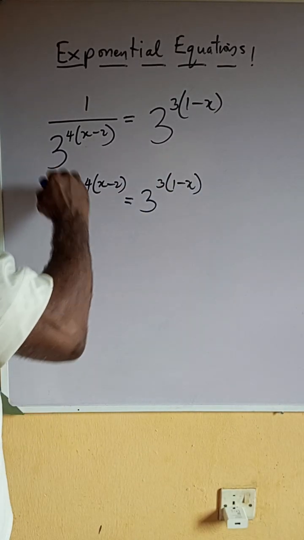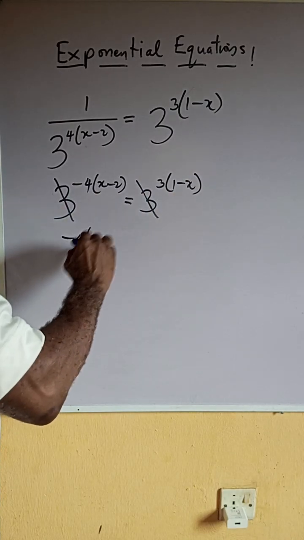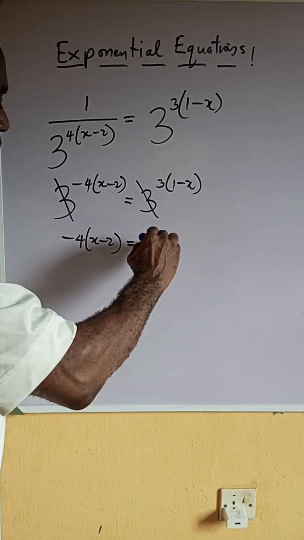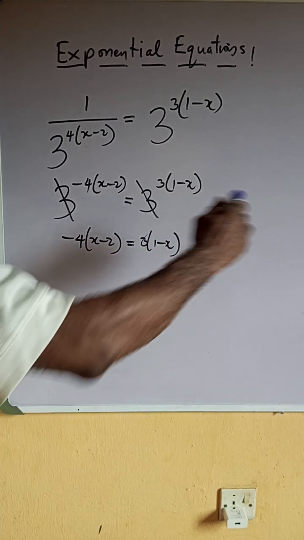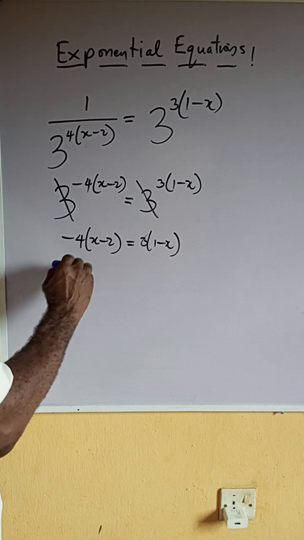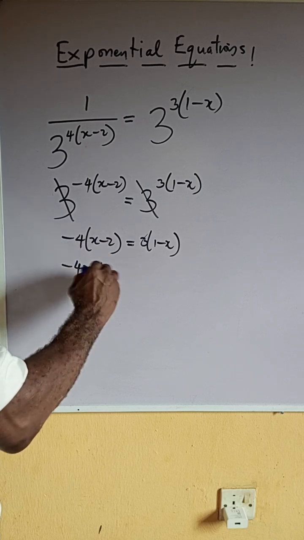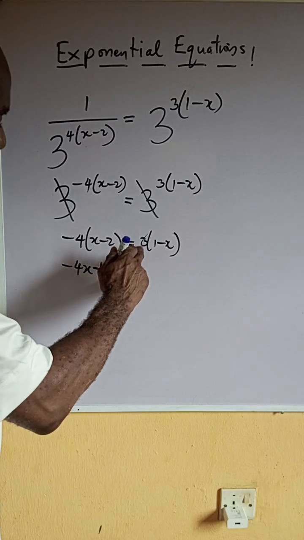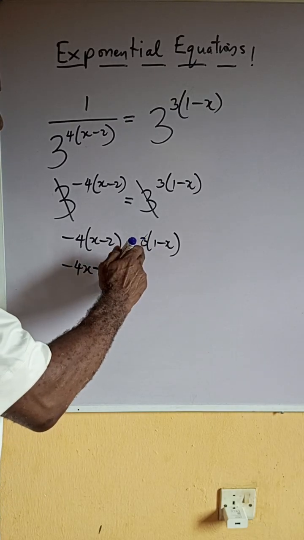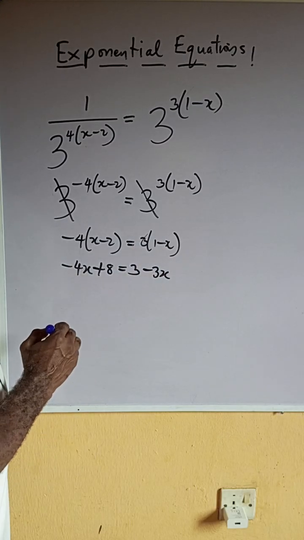Without wasting time, their bases are the same. We do away with them and equate their powers, so that minus 4 into x minus 2 is equal to 3 into 1 minus x. We open the brackets. Minus 4 multiplied by x gives us minus 4x. Minus 4 multiplied by minus 2 gives us plus 8, equal to 3 multiplied by 1, which gives us 3, and 3 multiplied by minus x, which gives us minus 3x. We collect our like terms.